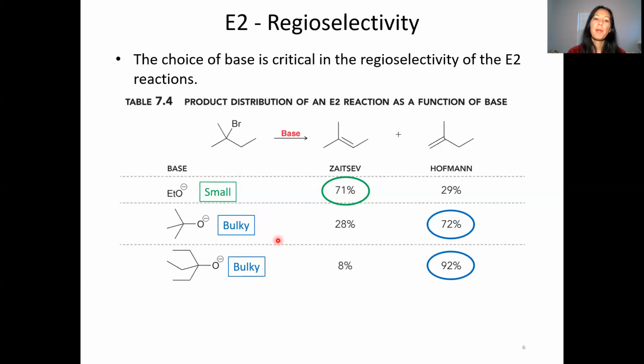However, if your base is just too bulky and big, like these 2 guys, then it's really hard to get into the center just because of sterics. So it'll pick off the beta hydrogen off of these methyls more, just because they're more accessible, less steric. And you end up predominantly with the Hofmann product, which is what you actually see experimentally.